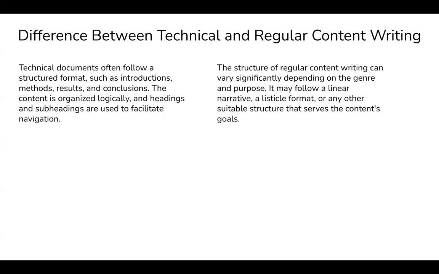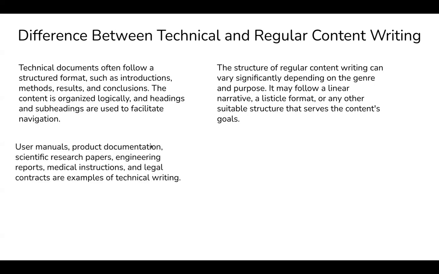Technical documents and content have to be structured so they are easy to understand, because remember they are for a specific audience, not for everyone. But with regular content you are free, which brings us back to the creativity and freedom of expression, freedom of personal opinion, and all of that. So that's another very, very important difference.